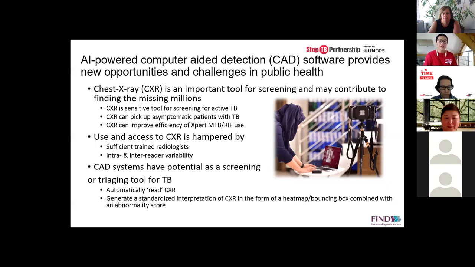It can pick up a large number of asymptomatic patients who would not have been detected if we just relied on symptom screening. And chest X-ray can also improve the efficiency of GeneXpert testing by triaging patients who have a higher risk of having active TB.